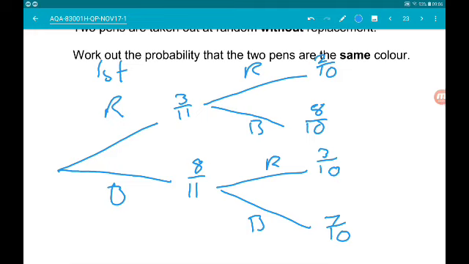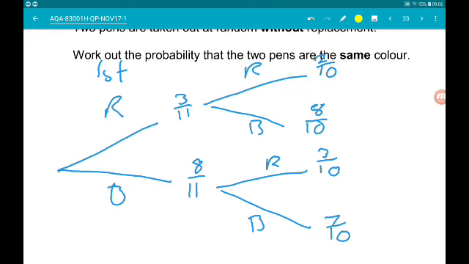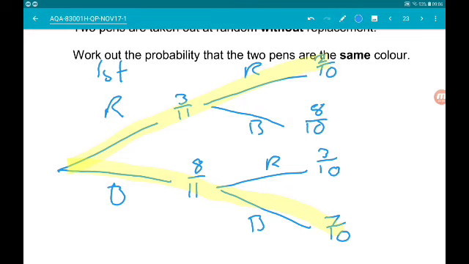We want the probability that the 2 pens are the same colour. So we got 2 paths that we're interested in: red, and then red, or black, and then black. So, when you're going along branches of a tree, you multiply the probabilities together.